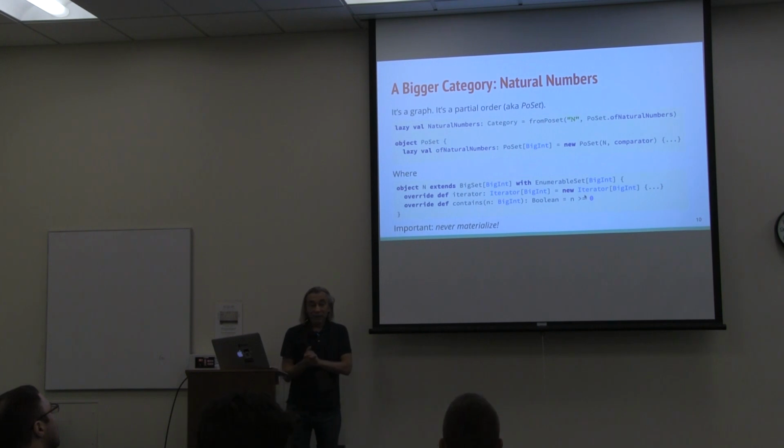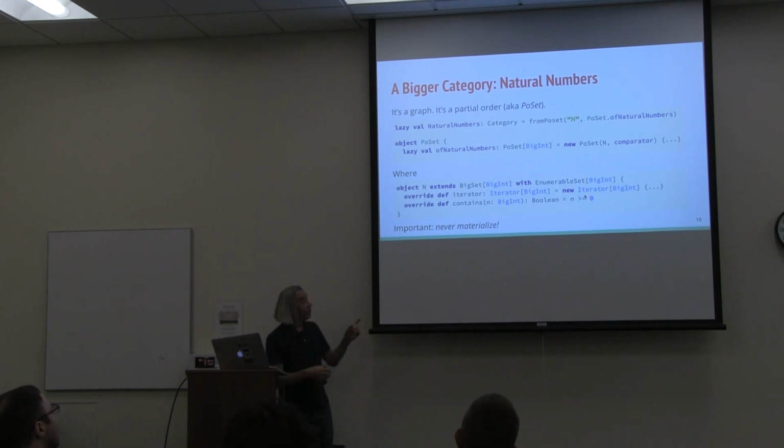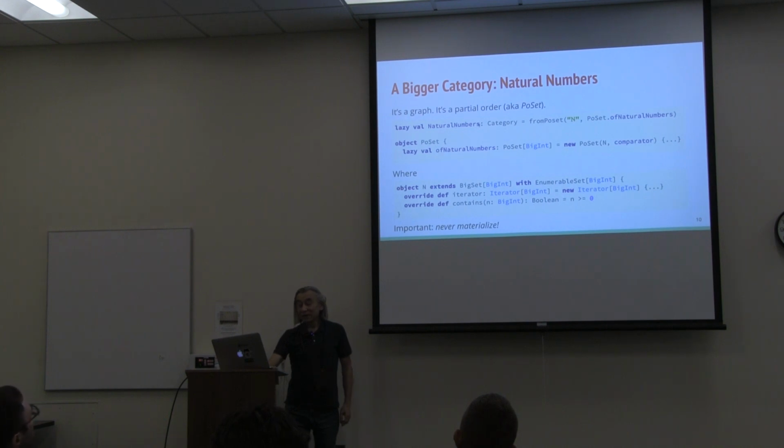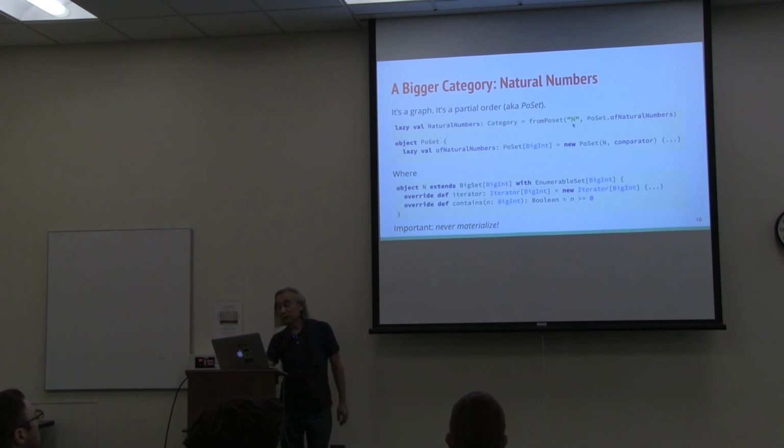So there are bigger categories, and we can define bigger categories here. A category of natural numbers. It's built from the partial order of natural numbers. So I have this, thank you, Scala. We can use almost any Unicode character. So it's like that official N for natural numbers.